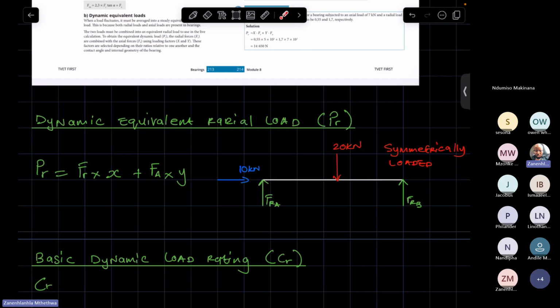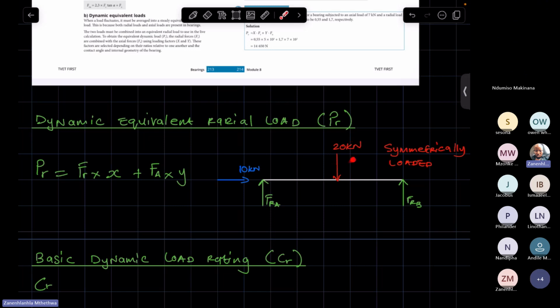Now, looking at what each of the supports is taking from each of these loads, the scenario is pretty straightforward.